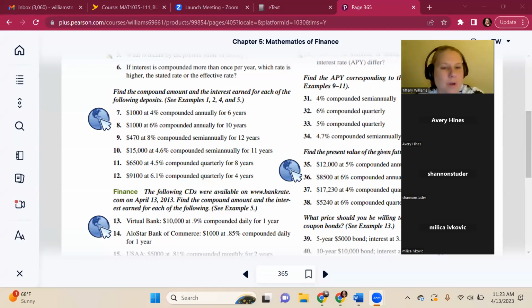So how would I do that problem? So what's our p-value?